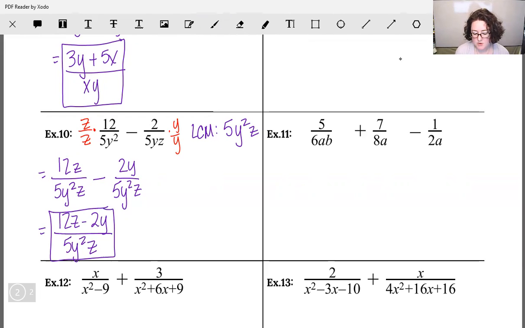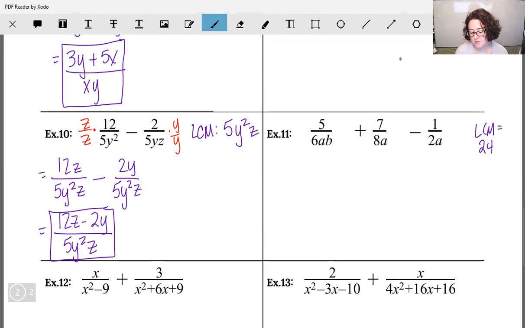Alrighty, again, try out 11 on your own, but just to get you started, we have 3 expressions. We can still do an LCM for 3 terms. Again, start with, well, look at your numbers first. So you have a 6, an 8, and a 2. Again, what number could all of those go into evenly? Looking at a 24. So your LCM is going to be 24.